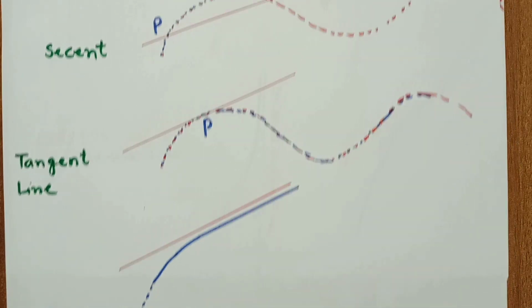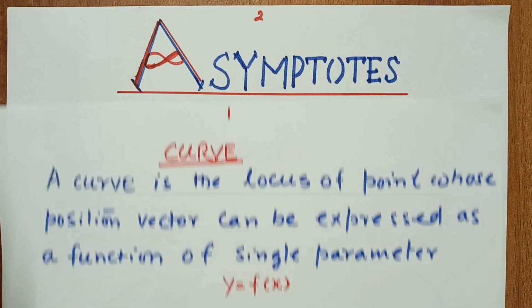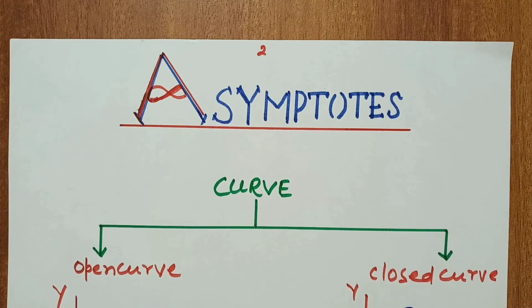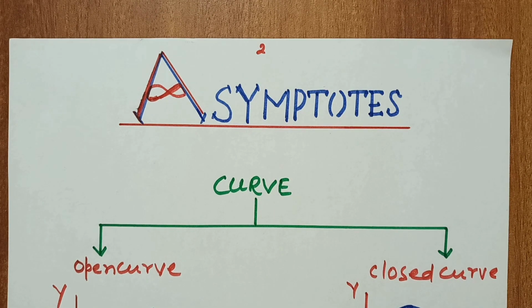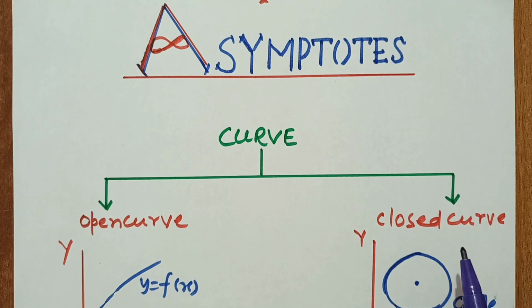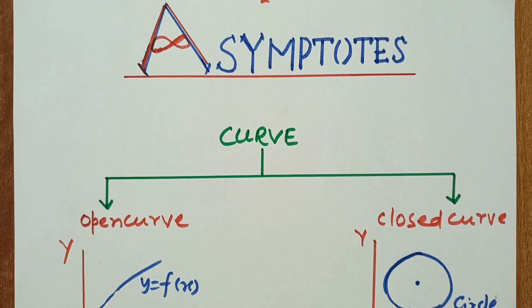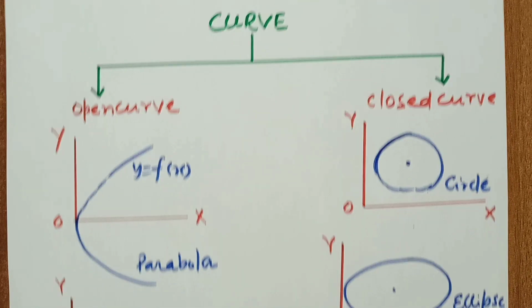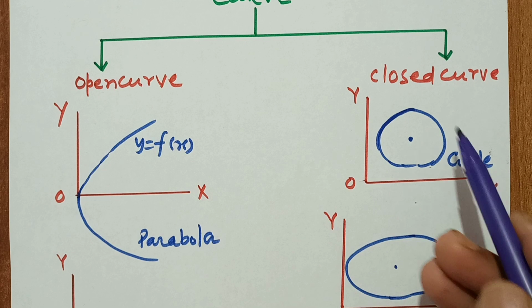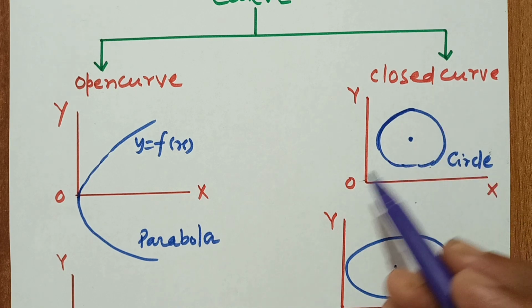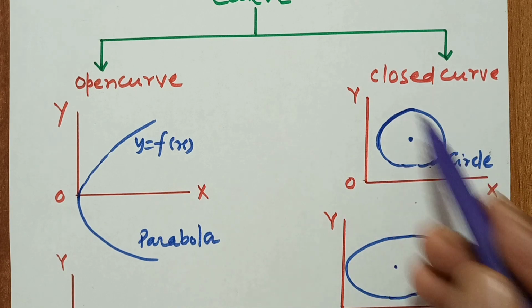Okay, so now we will explain firstly the curve. It means we have the definition of a curve. So there are two types of curve. One is open curve and the other is closed curve. You know, in school level, circle and ellipse, okay, these are closed curves. Okay, at each and every point we can draw a tangent line.